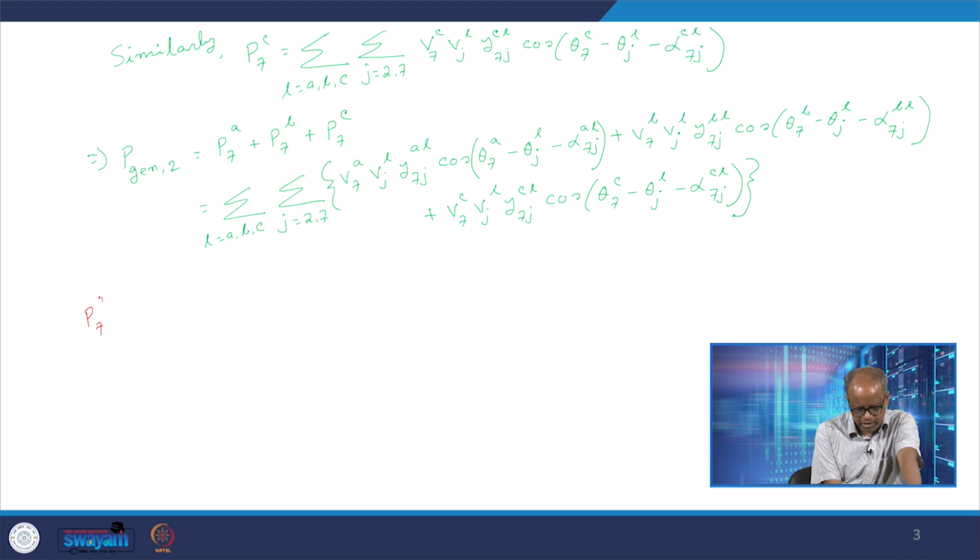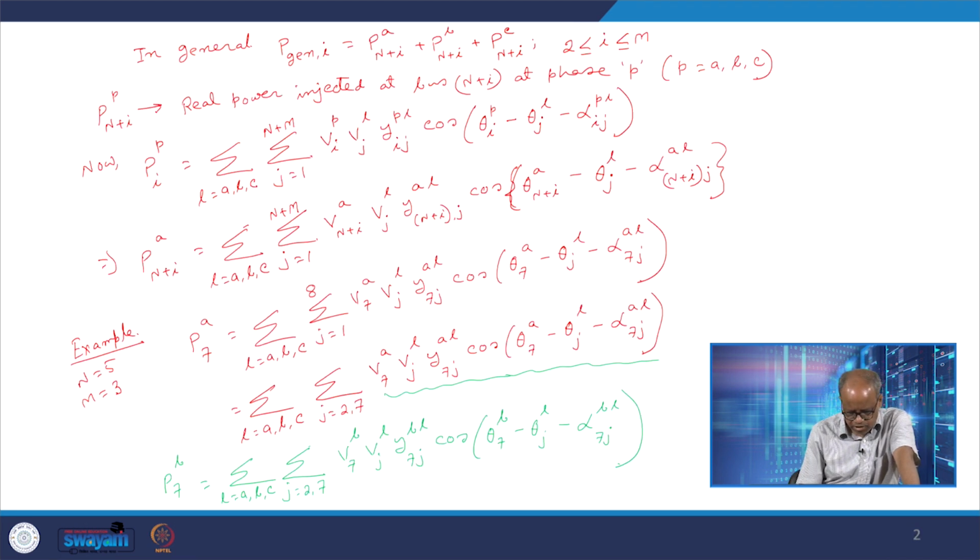So P7A would be, if we just keep on expanding it, when L is equal to A and J is equal to 7, it will be V7A into V7A, because we are taking J equal to 7 and L equal to A. So it is V7A square Y77AA, then cosine theta 7A minus theta 7A, so this will cancel out and it will be minus alpha 77AA.